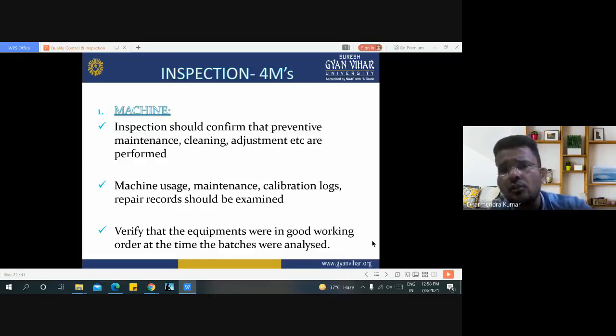It also verifies and examines that each and every component in that particular machine is in good working condition or not. This is the overall inspection of machines.